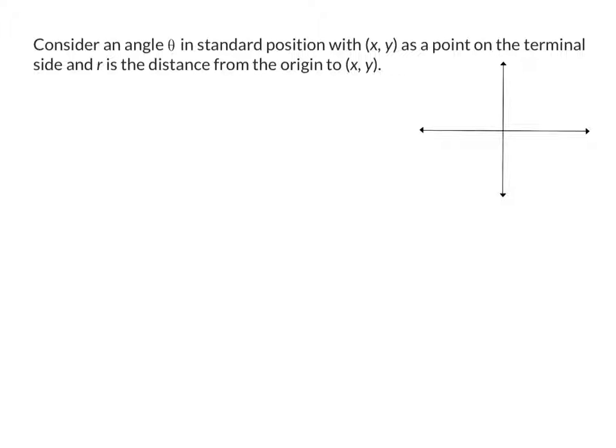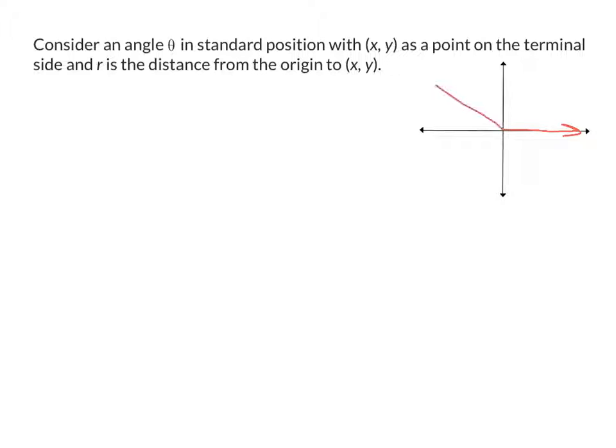Consider an angle theta in standard position with x comma y as a point on the terminal side, and r being the distance from the origin to x comma y. And so I'll just draw a general sketch of this. So I have the positive half, or the initial side, still sitting on the positive half of the axis. And then I'll rotate over to wherever x comma y is.